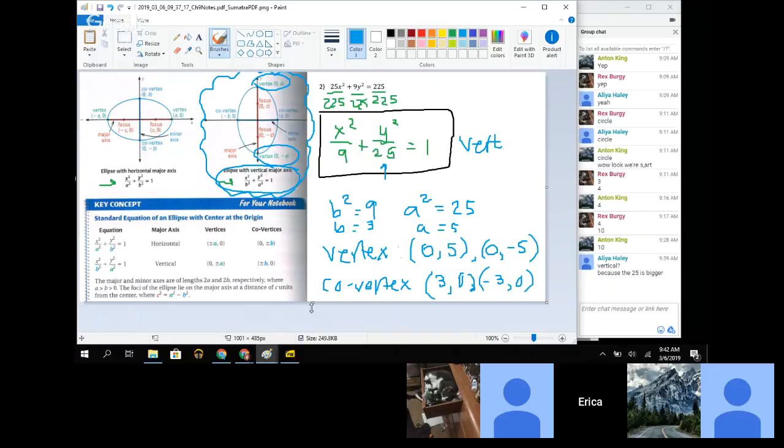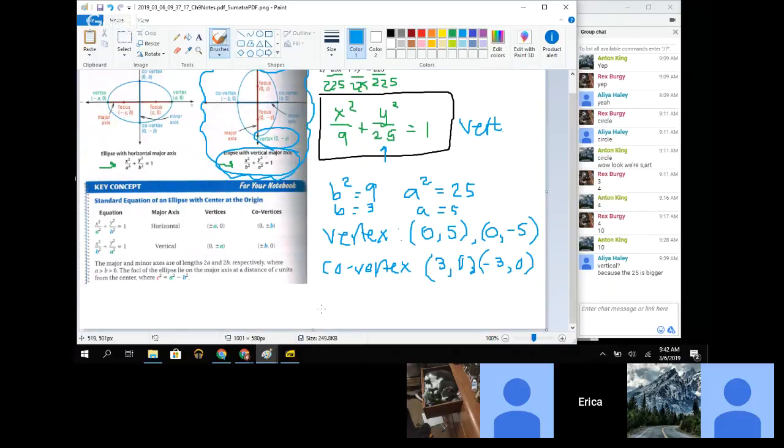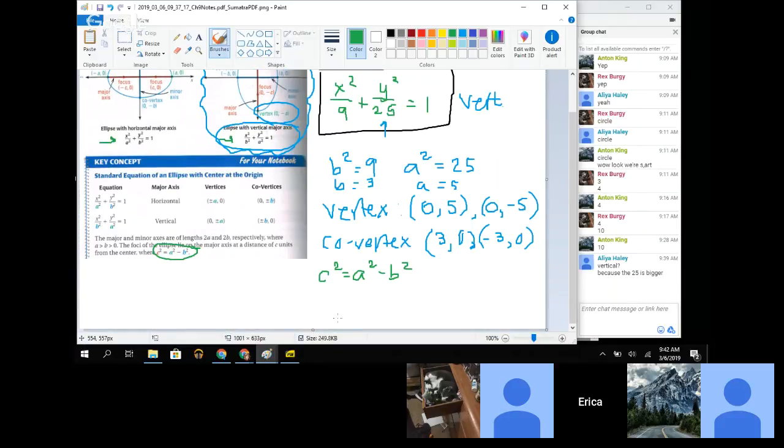Okay, and then our last thing that we need to find is our foci. So remember that your foci are this equation down here. It's kind of hidden. Your focus points are at c, and it's given by the equation c squared equals a squared minus b squared. So we're going to take our a squared, which is right here, and our b squared, and figure out what c squared is.